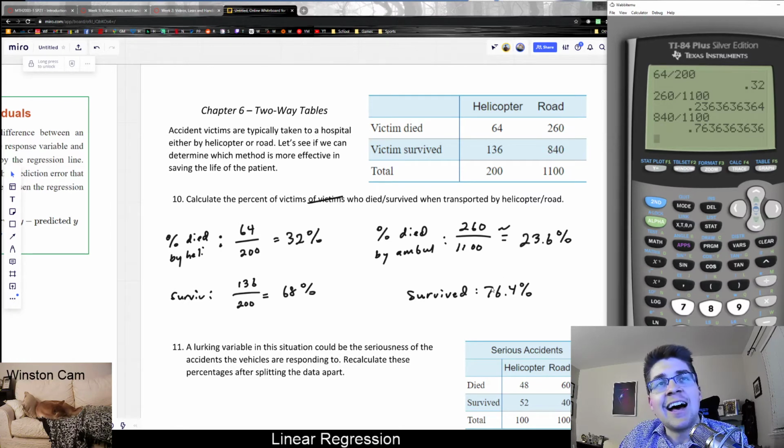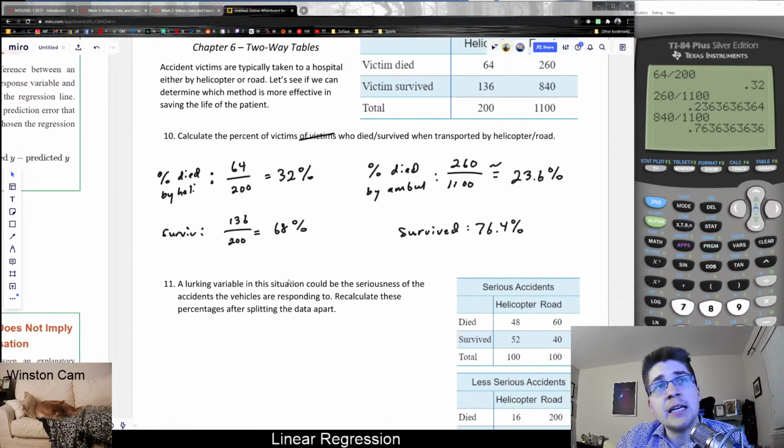But this is a dangerous assumption to make, because you're not going to take a helicopter in the same situations that you would take an ambulance to the hospital. So while we're comparing this data, the question is, should we be comparing it? Maybe, maybe not. Again, this is where lurking variables could come into play.